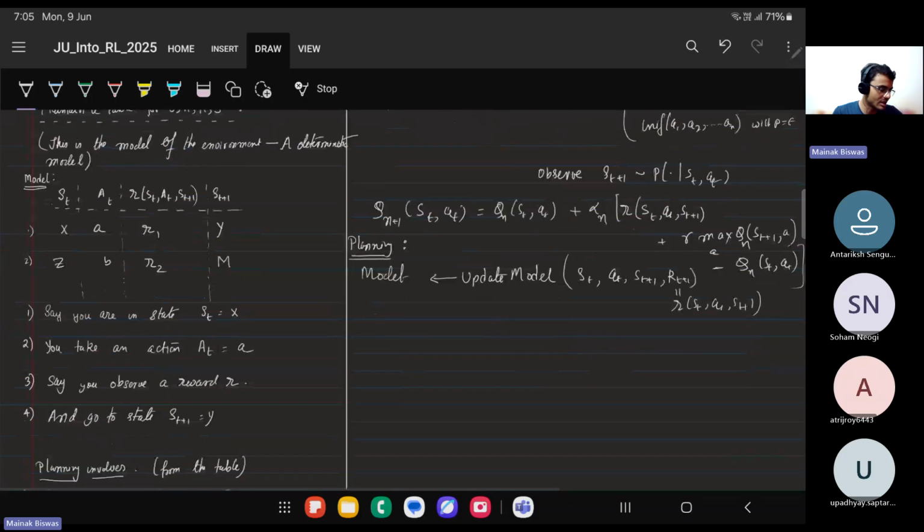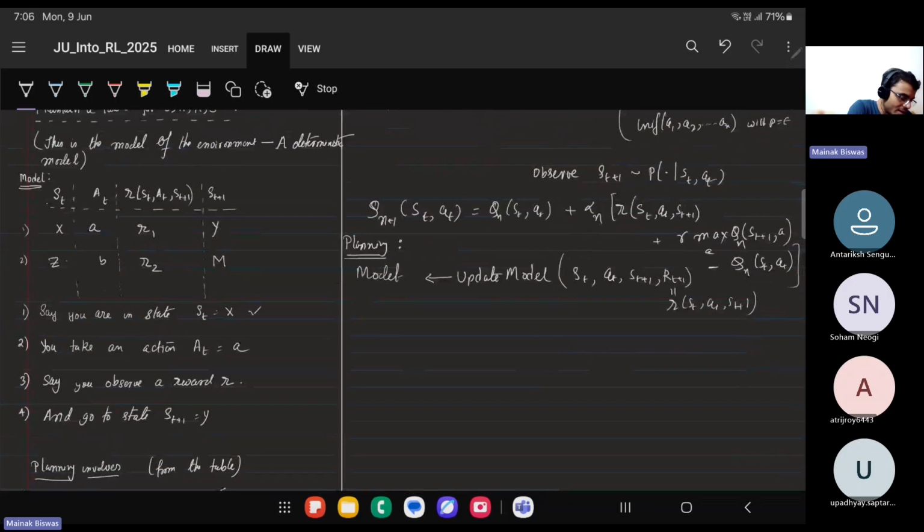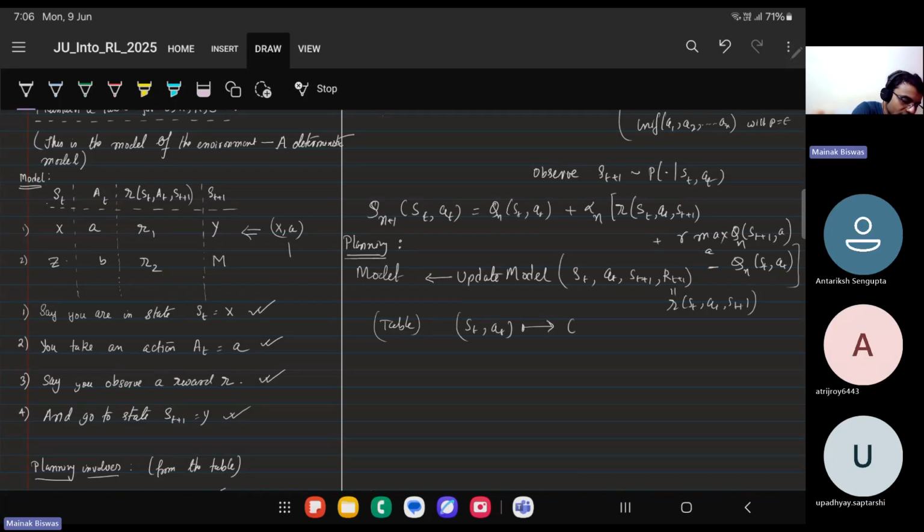It is all heuristic at the end of the day. But basically, say you start from a state X, you take an action A, you observe a reward R and go to the next state. What is actually done is you maintain a table like this for X to A. This table will map from ST comma AT to ST plus 1 comma RT plus 1.